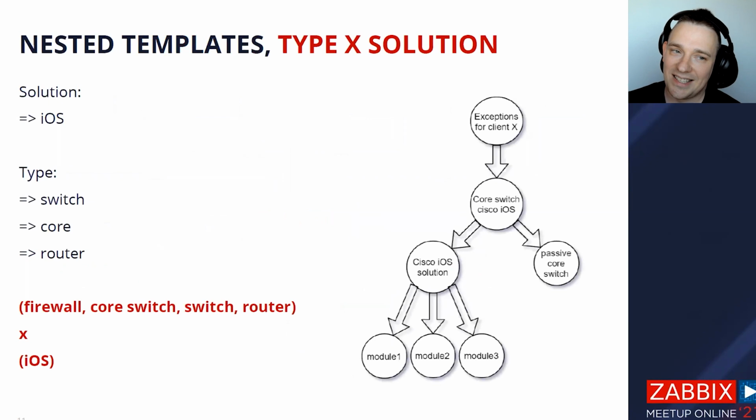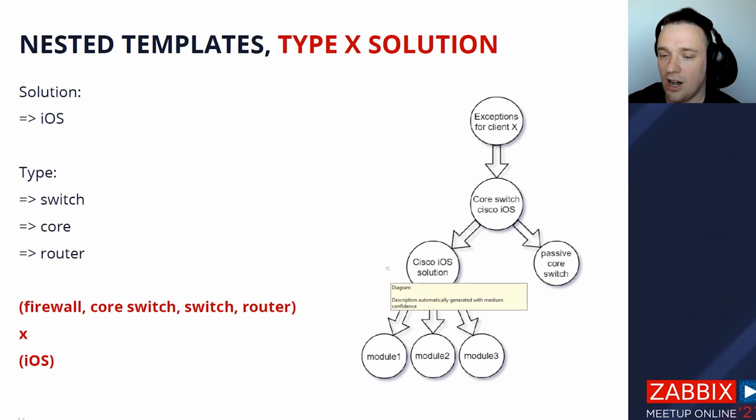But let's talk about the concept of nested templates. It's quite mandatory for the scope of the project to recap this concept. If we install a stock 5.0 installation, we will have some sort of Cisco solution to monitor Cisco switches and routers with the help of the Cisco operating system.